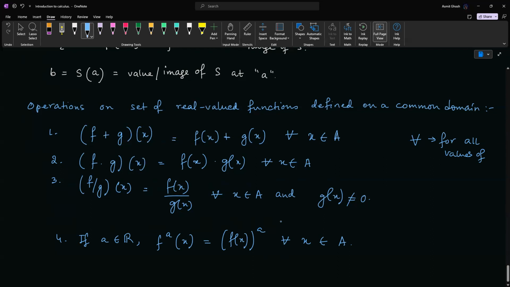Okay, for all values of x belonging to set A. Also, if k is a constant, then kf of x is equal to k into f(x) for all x belonging to set A. Okay.